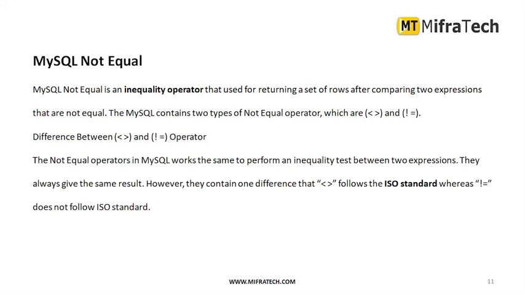MySQL contains two types of not equal: less than, greater than (<>) and not equals to (!=). The not equal operator in MySQL performs an inequality test between two expressions, and they always give the same result. However, less than, greater than follows the ISO standard, whereas not equals to does not follow the ISO standard.